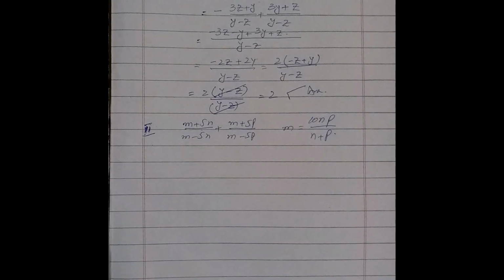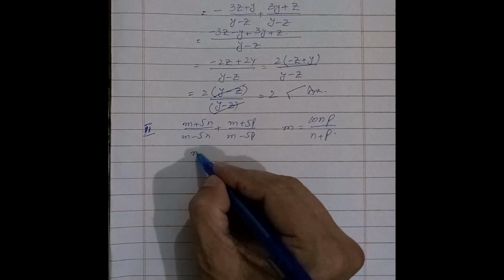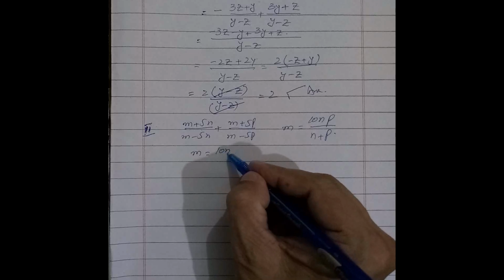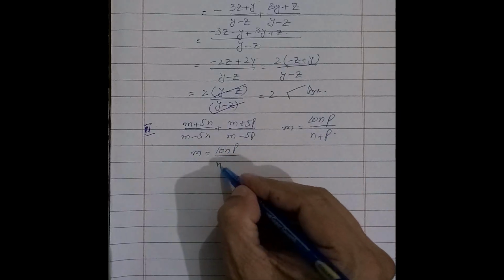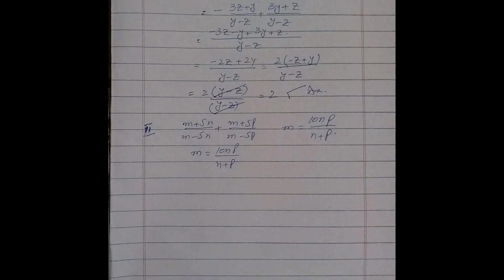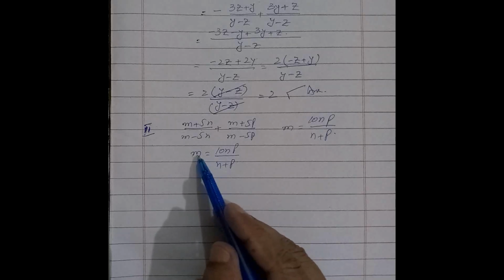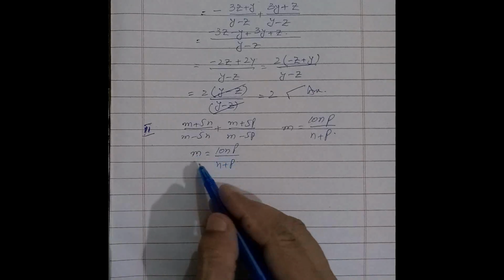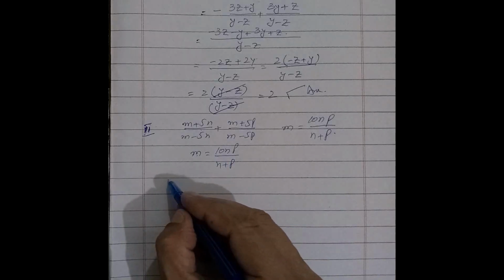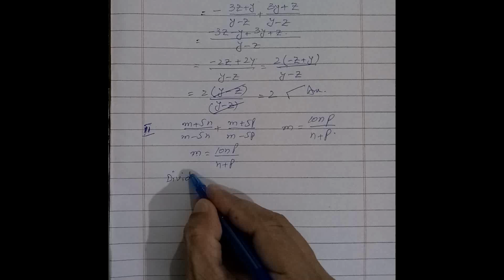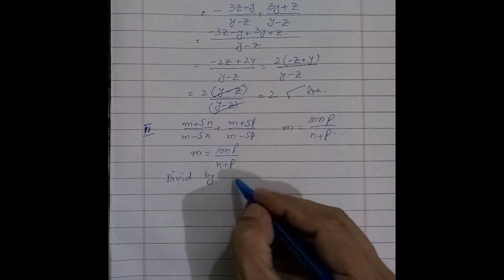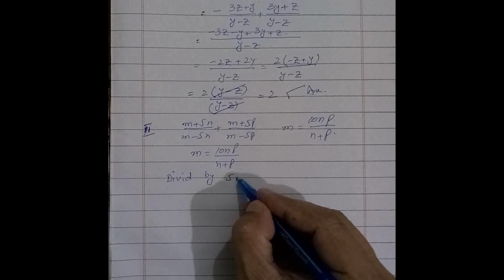In the same way as question 1, for the property componendo dividendo, we divide m by 5n.